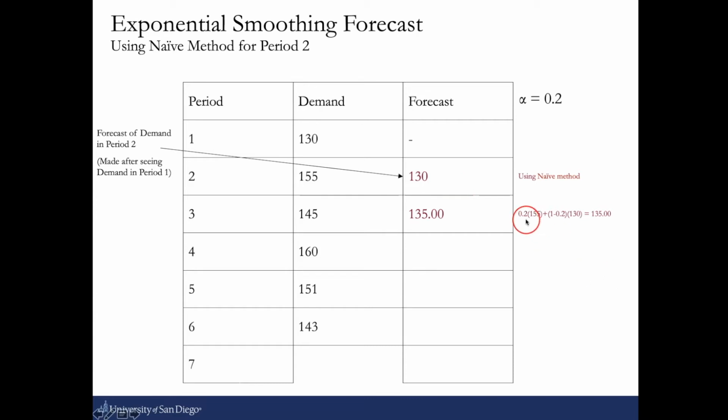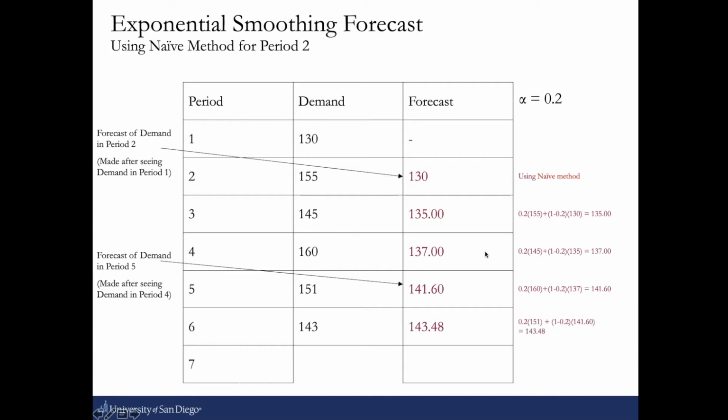So what I have here is 0.2 times 155, that is the demand in period 2, plus 1 minus 0.2 times 130, and that is the forecast for period 2. And I get the forecast for period 3 as 135. I use the same approach to work out the values for period 4, 5, 6, and 7. I'll encourage you to pause the video and work through each of these observations.